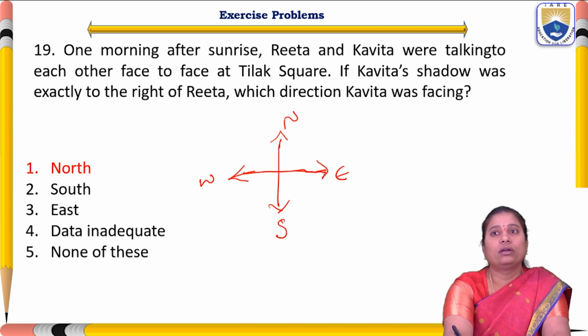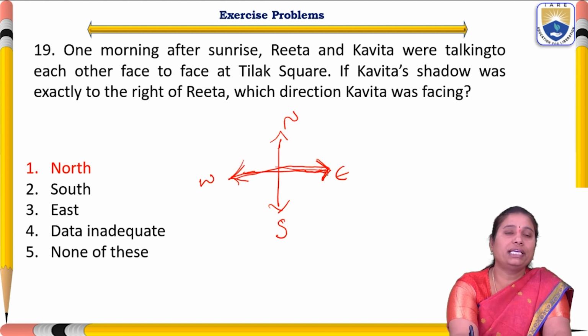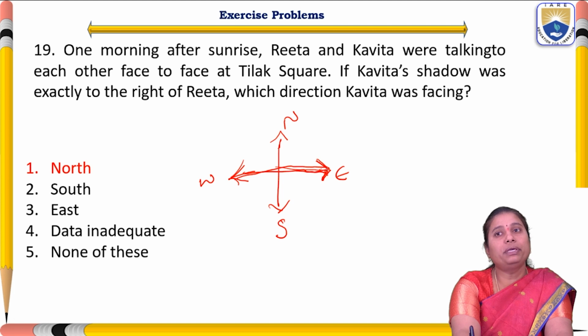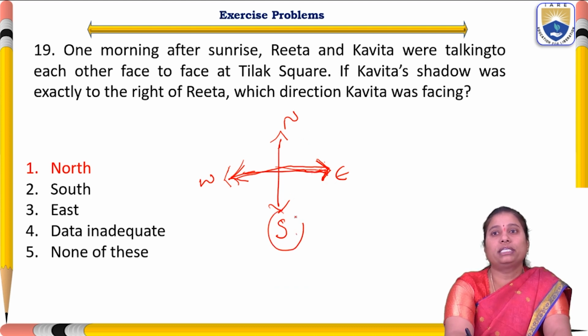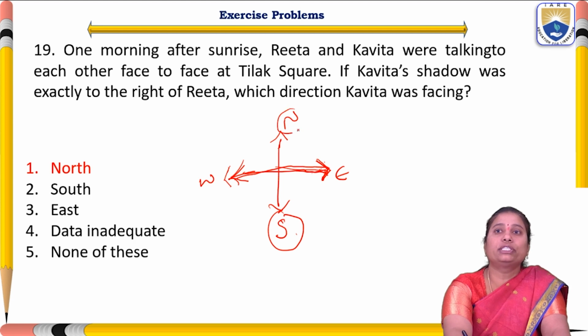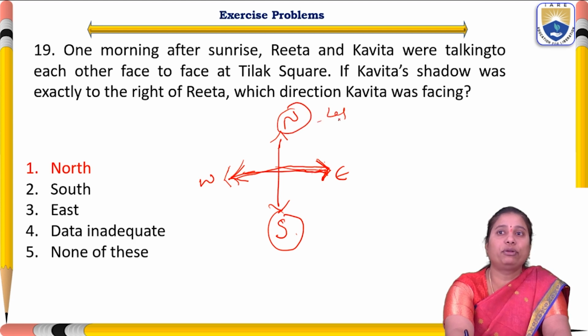So at the east direction, if we are all there in the morning, if you are facing the east, your shadow will be in front of you. Your shadow will be at west, and the right side persons in the morning means the right side persons are in the south direction, and north direction means it is the left position.